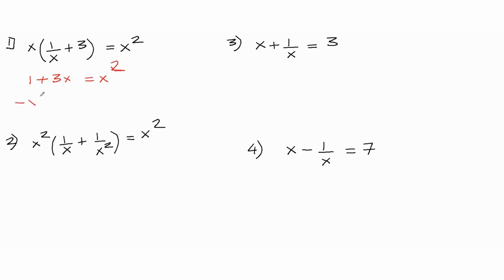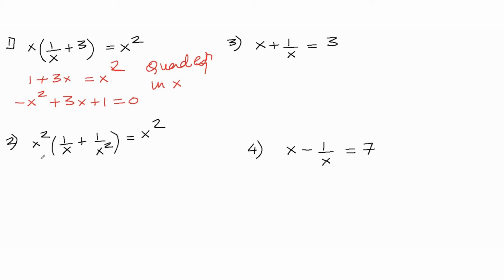So it becomes minus x square plus 3x plus 1 is equal to 0. The highest power of x here is 2. So this is definitely a quadratic equation, and that too, a quadratic equation in a single variable, which happens to be the variable x, right? So this is a quadratic equation because the highest degree of x is 2.